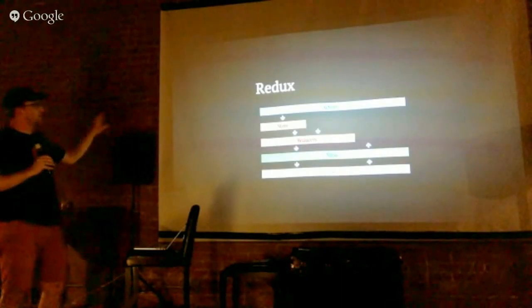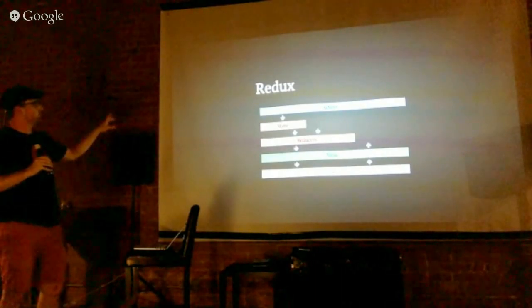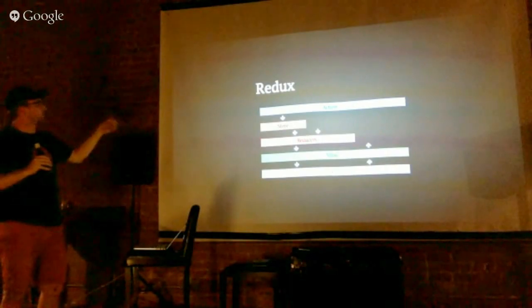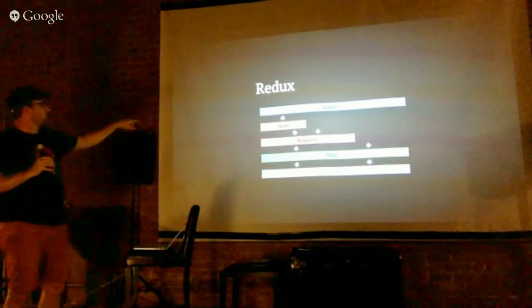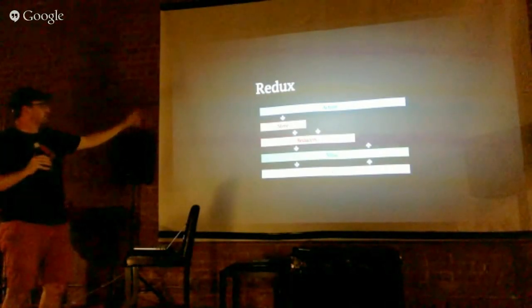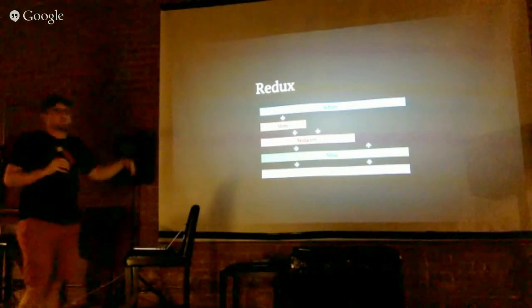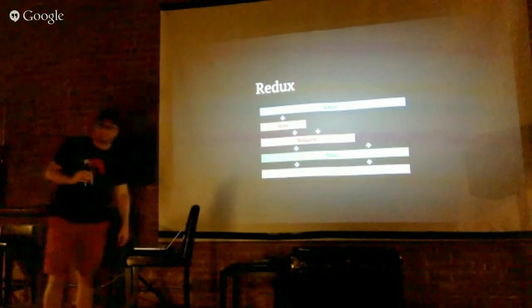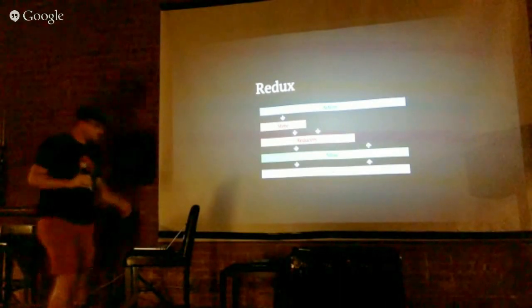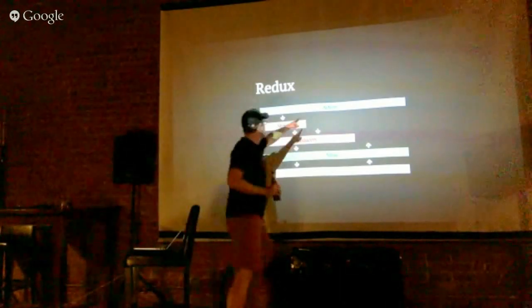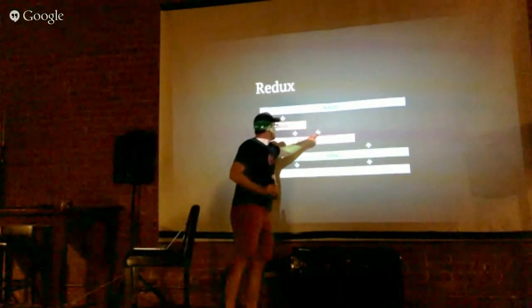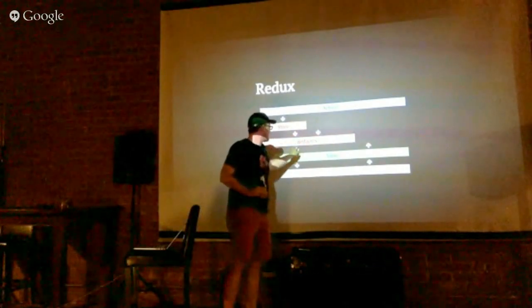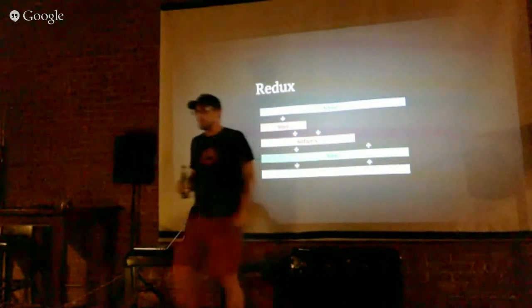So it's almost equivalent to the reflux flow, except you've got a reducer in the middle that's going to take both the action and the store and create new data that goes to the view. What's the significance of the second arrow? So this one is coming from the action, and this one's coming from the store, and that makes a new data set that would be coming into the view.